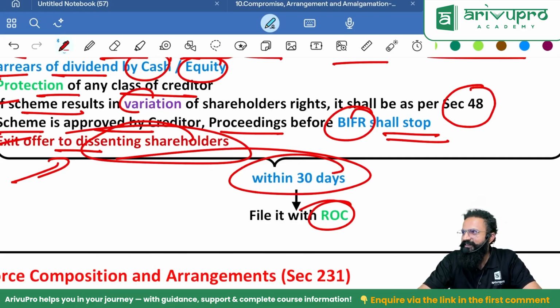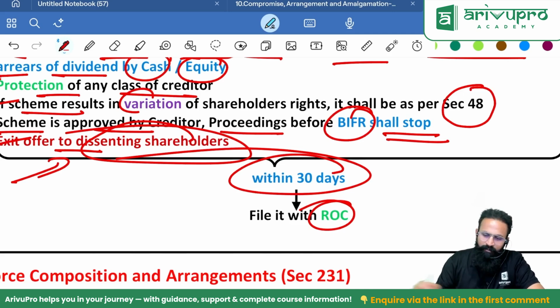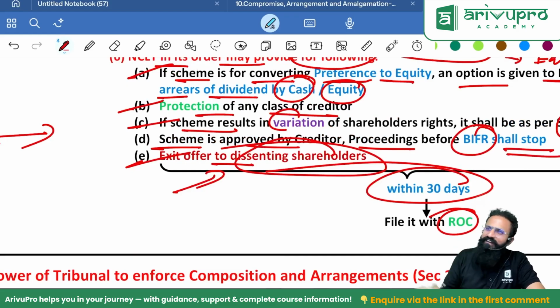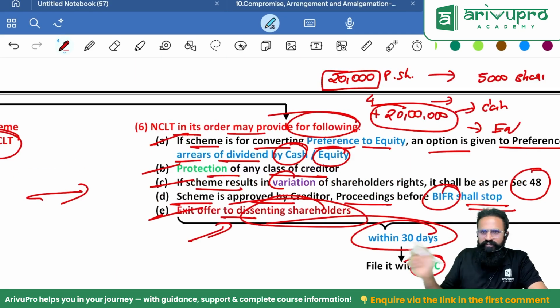INC 28. Where did we see? MOA. Okay, understood. Section 2. Now understood section 230.